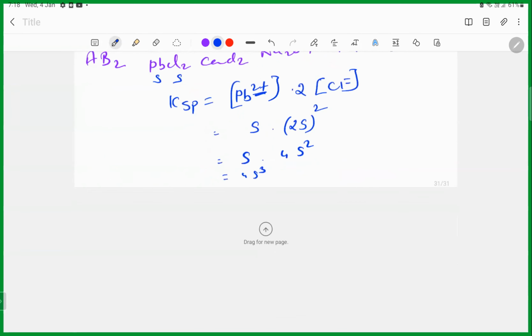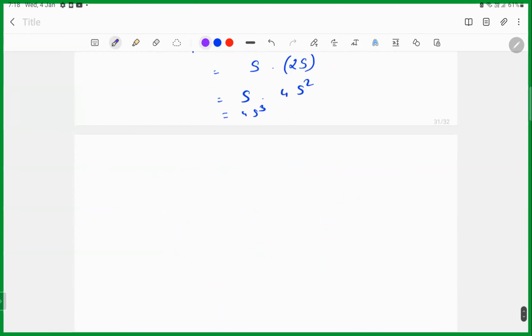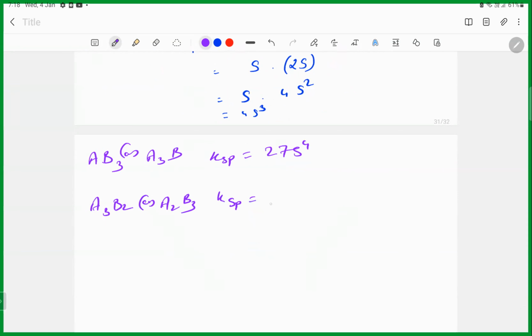So when you have a salt of type AB3 or A3B, then KSP becomes 27S to the power 4. In the same way, when you have salts of type A3B2 and A2B3, the KSP becomes 108 S to the power 5.